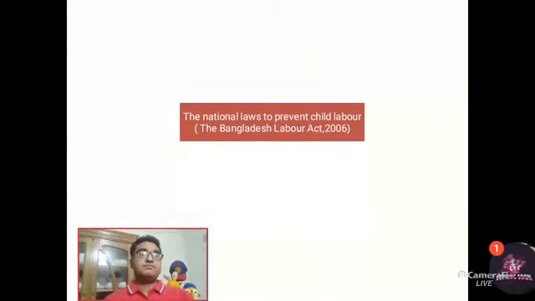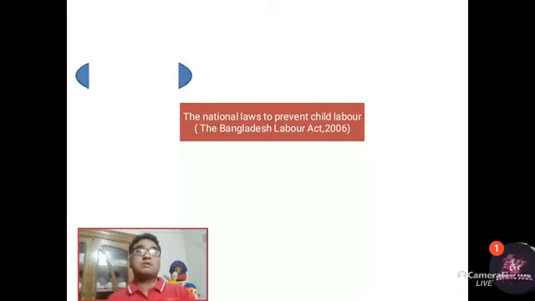Now I am going to talk about the national laws to prevent child labor. To prevent child labor, the Bangladesh government has enacted an act, and the name of this act is the Bangladesh Labor Act 2006. Now I am going to help you understand the Bangladesh Labor Act 2006.